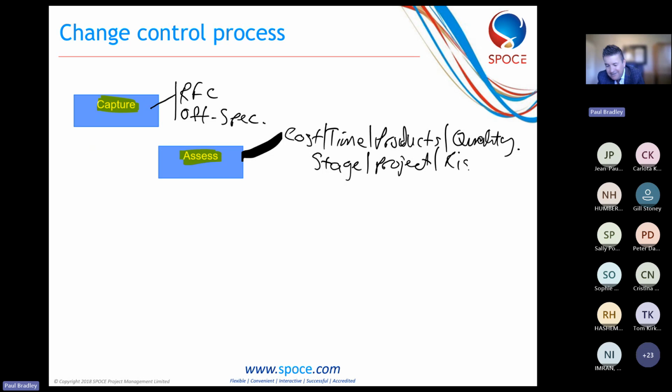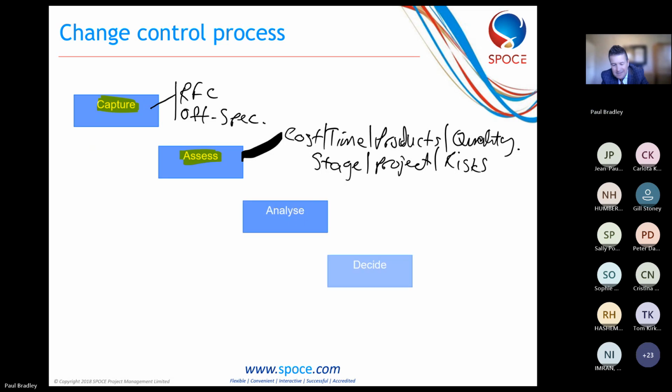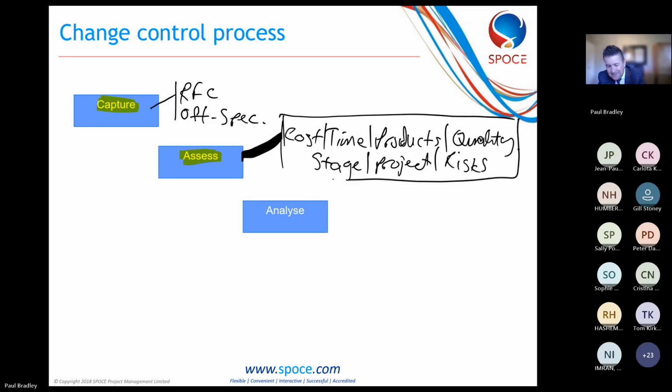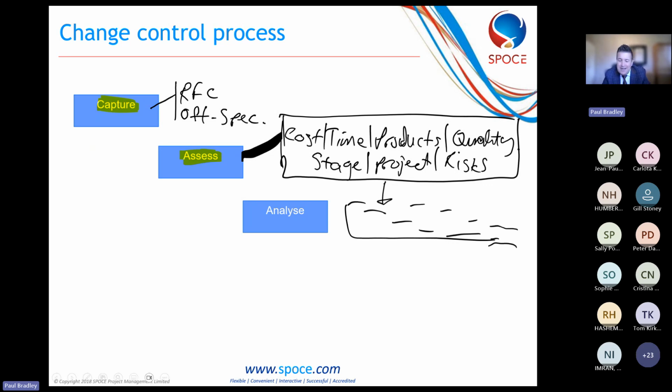How's it going to affect any risks? Okay, so on. So that's what I'm doing in terms of assessing this. What I can then do is do a full analysis of this information, okay, where I'm looking at how this affects my overall project, analysing the data accordingly.